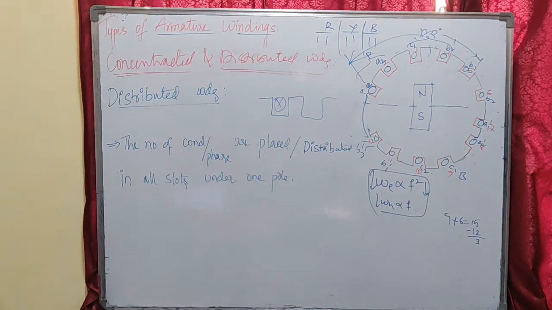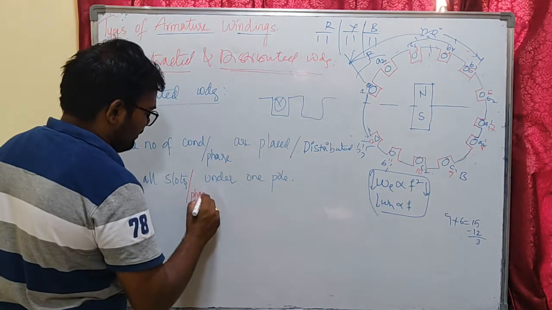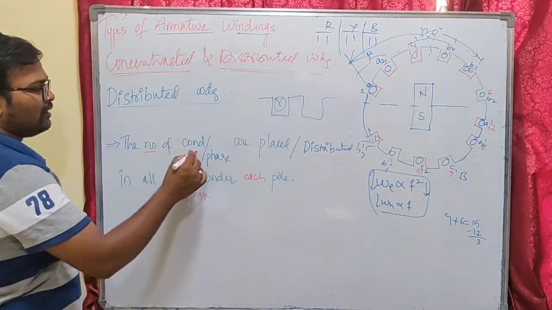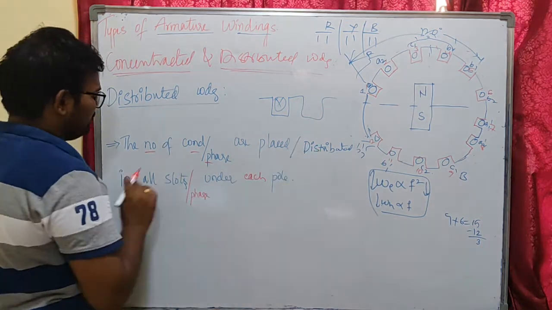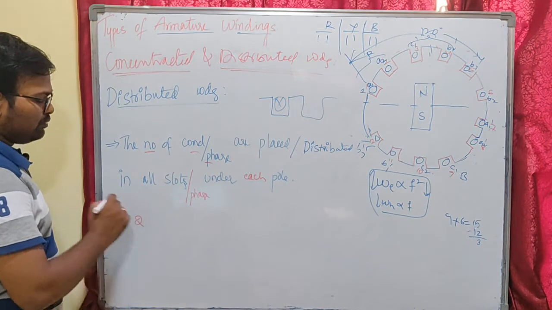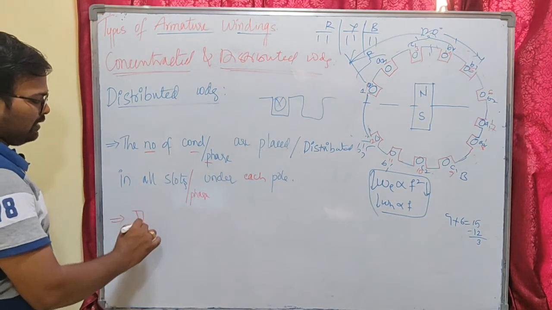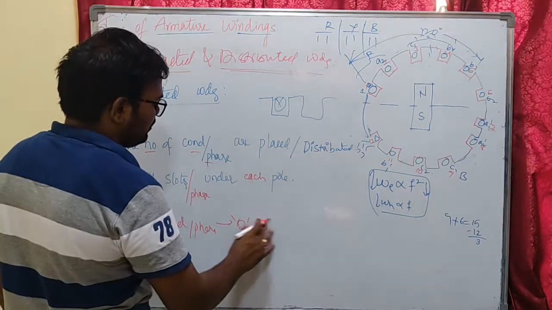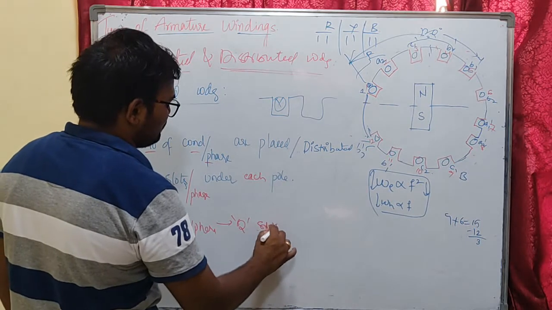If x number of conductors per phase are distributed among all the slots per phase available under each pole, the number of conductors per phase are distributed in all slots per phase under each pole. That means in the previous example we have 2 slots per pole per phase, so the conductors per phase will be kept in 2 slots under one pole.